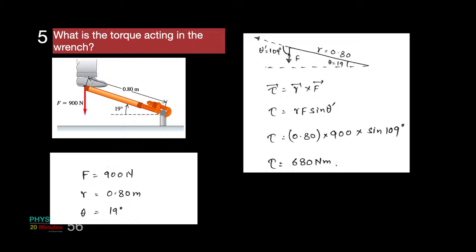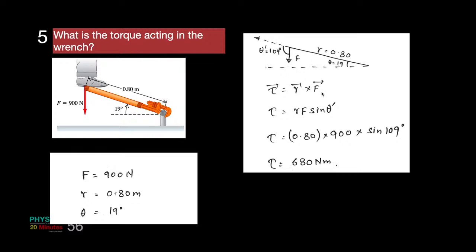which plane geometry will tell you is 109 degrees. If this is 19 and you drop a perpendicular, then this inner angle is 71 and this angle is 109. I call this angle theta prime, and this is the angle between the direction of r and the direction of f.